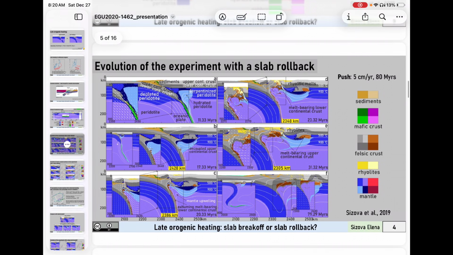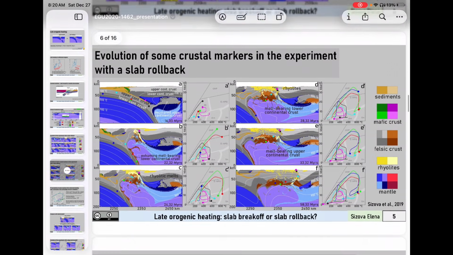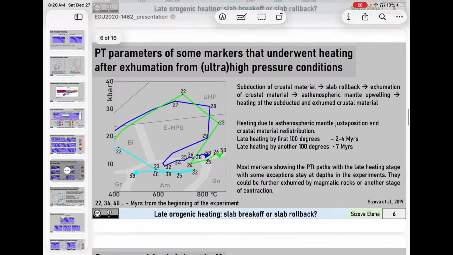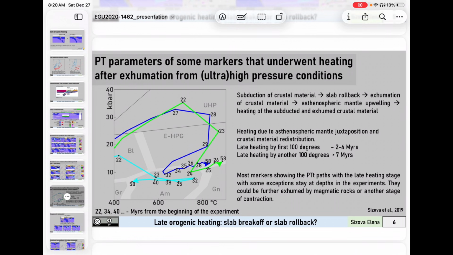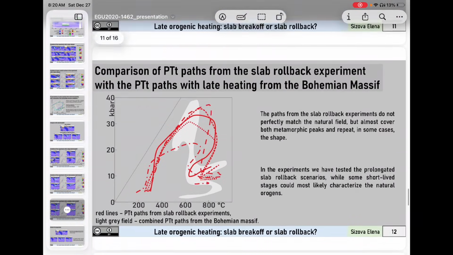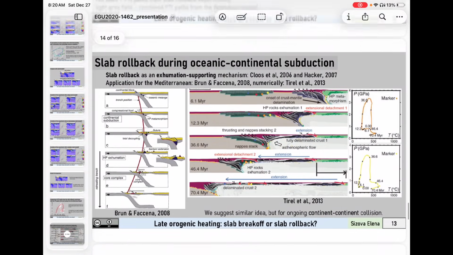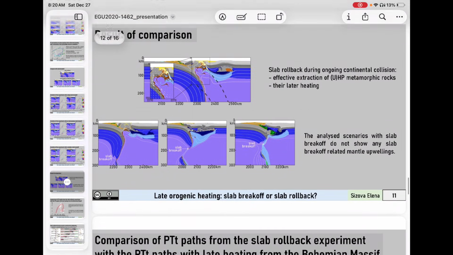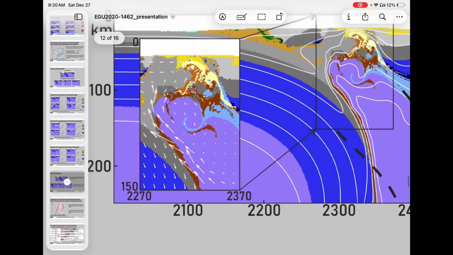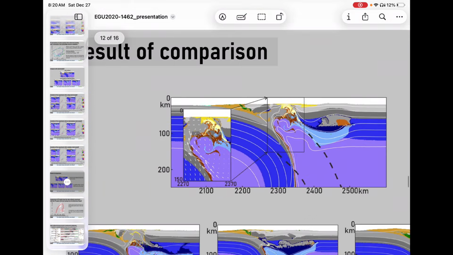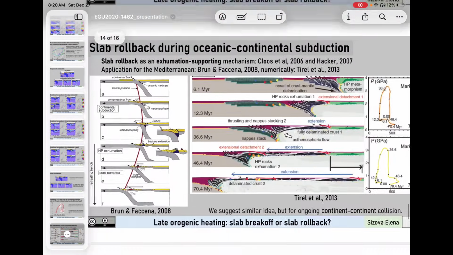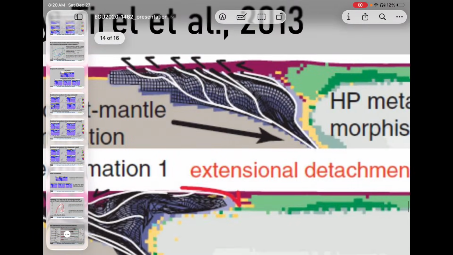So this is experiments with slab rollback, crustal markers in the experiment with slab rollback, and then the pressure temperature parameters. Anyway, this is a great little presentation, it's got all the diagrams in there, and they're in such a format that you can actually zoom in, because when I was zooming in on some of the video-format stuff, you end up losing a lot of the detail.